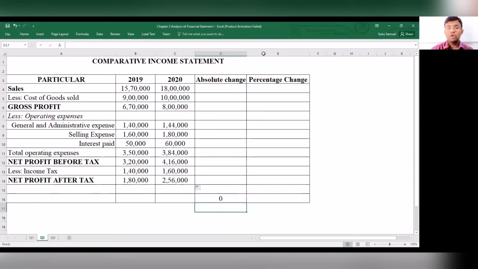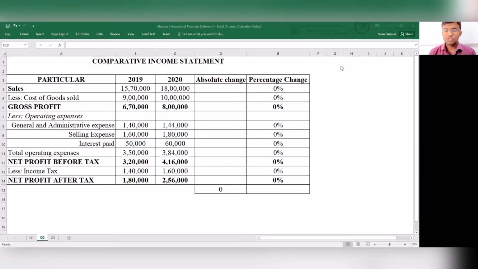Now we will have to go about with the preparation of the comparative income statement. So what we have done so far is we have worked out the income statement. We have calculated the different components that you would be coming across when we prepare an income statement. Now we have to prepare the comparative income statement portion. In order to prepare it, there are two important values that we will have to calculate.